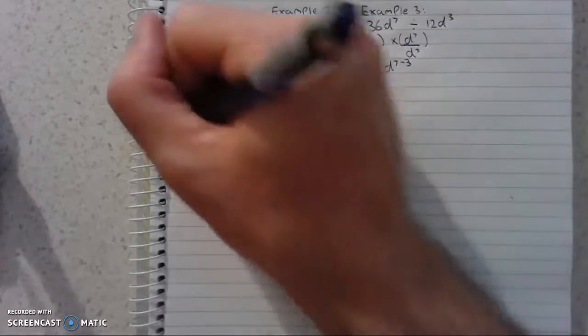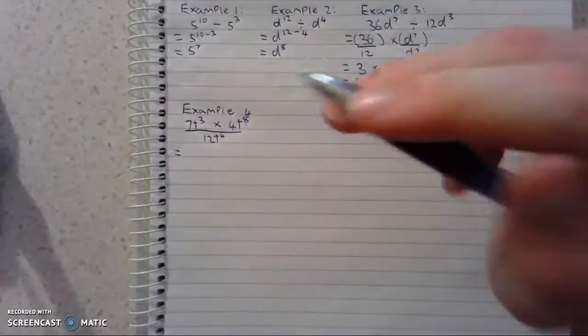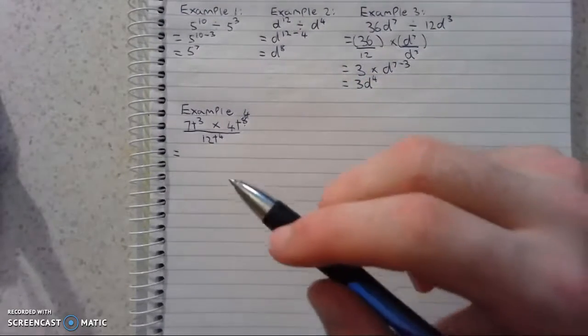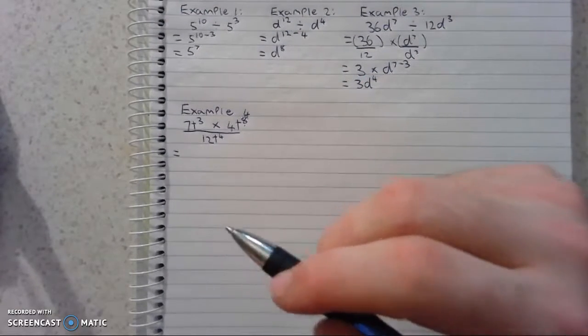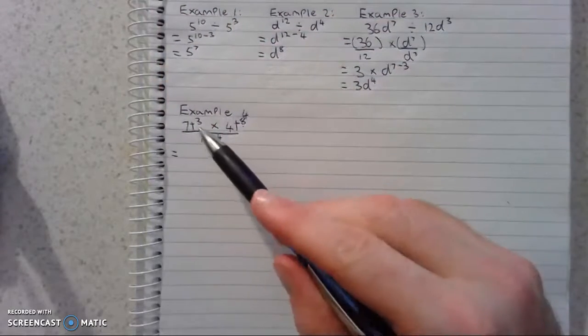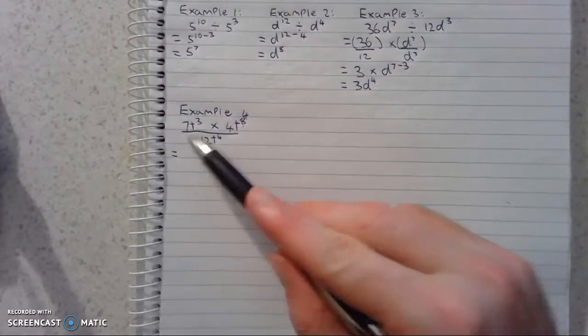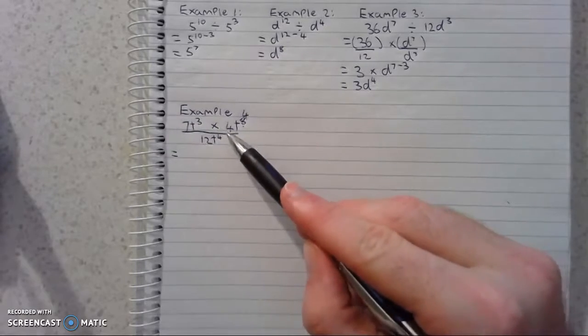Okay, so if you remember how to apply the first index law, still using coefficients, we have to multiply our coefficients together first. We know that our coefficients are the numbers in front of our variables, so that is 7 and 4.